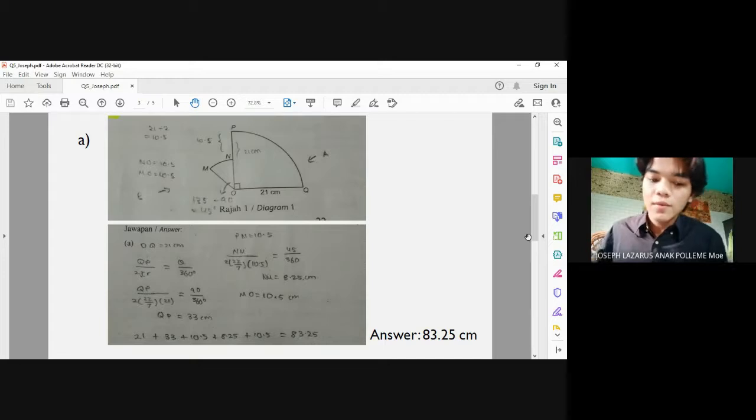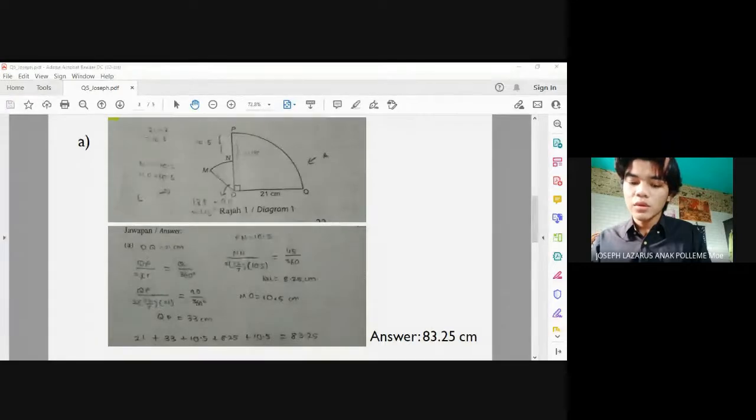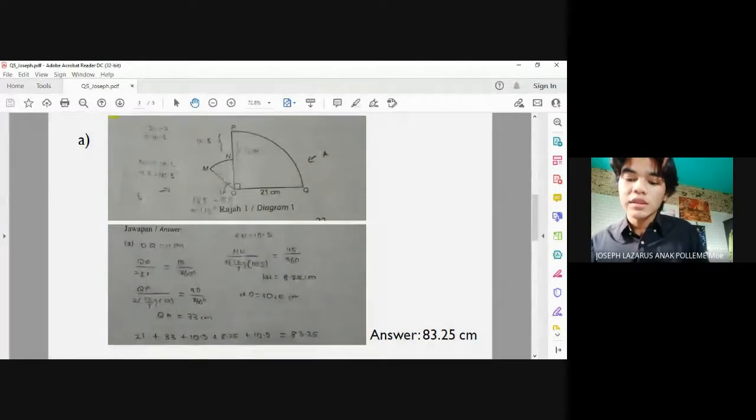For question A, we know that OQ equal to OP, which is 21 cm, and N is the midpoint, so 21 divided by 2 equal to 10.5 cm. When NO equal to 10.5 cm, MO equal to 10.5 cm. To find PQ, use the formula length of arc divided by 2 pi r equal to theta divided by 360 degrees.